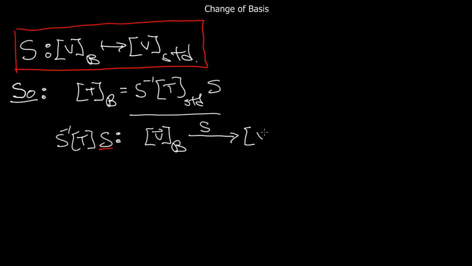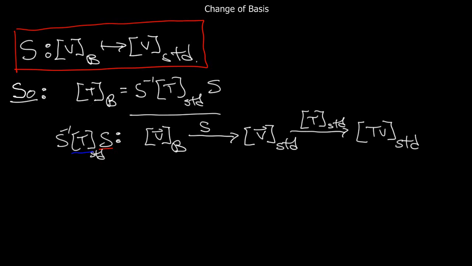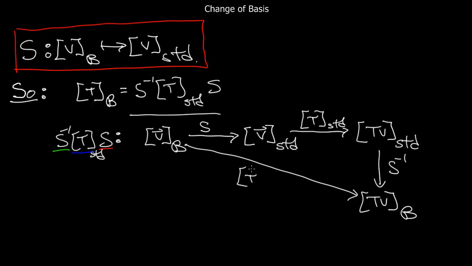That's going to convert it from the new basis to the original basis. Then you apply this matrix T, and it's the right basis. It's T in the standard basis, so it's going to take v in the standard basis to Tv in the standard basis. Good. And now the last thing is S inverse. That goes back. It's going to convert this from the standard basis to the new basis. And so if you do all three of those, this map here is exactly T in the new basis.